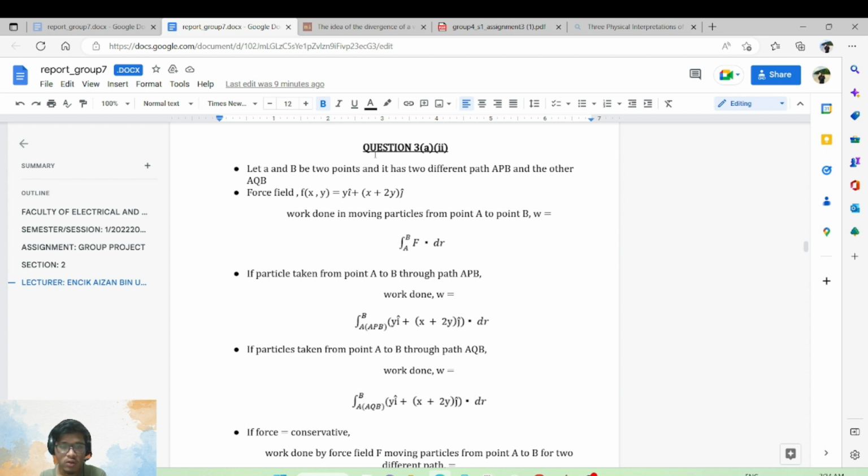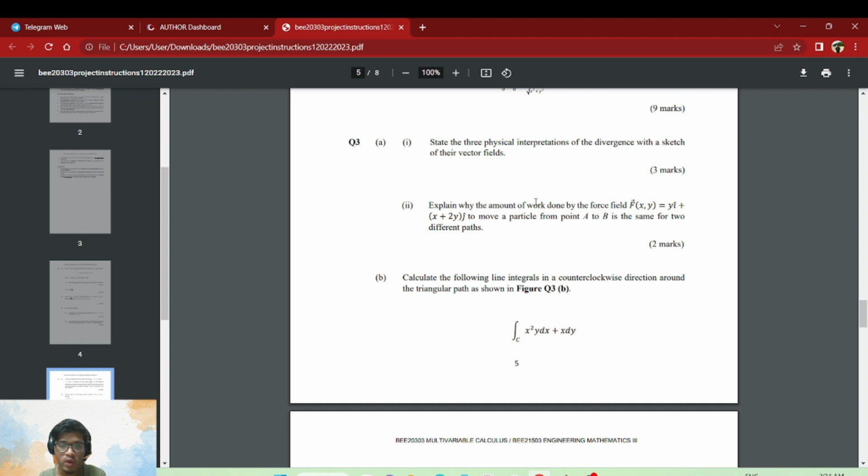For question 3A part 2, we have to explain why the amount of work done by the force field F(x,y) equal to y i plus (x plus 2y) j, to move a particle from point A to point B, is the same for two different paths.